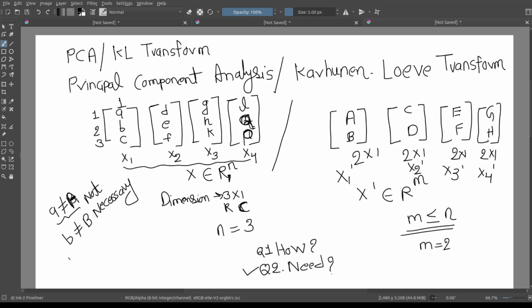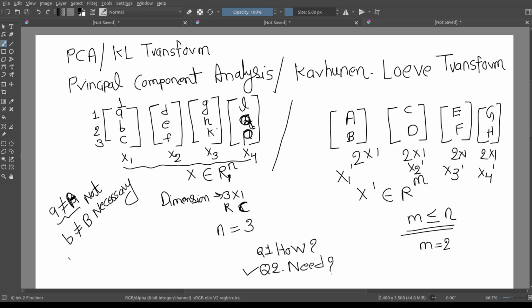But if you reduce the dimension, in this example from 3 to 2, it will need comparatively less time to process the original data as well as to make a model.